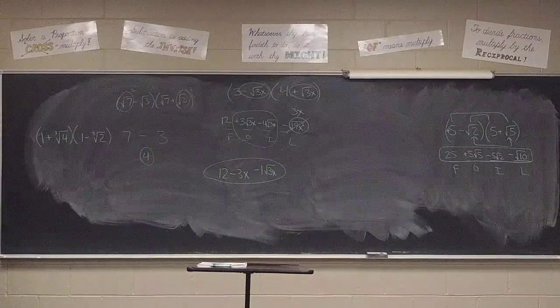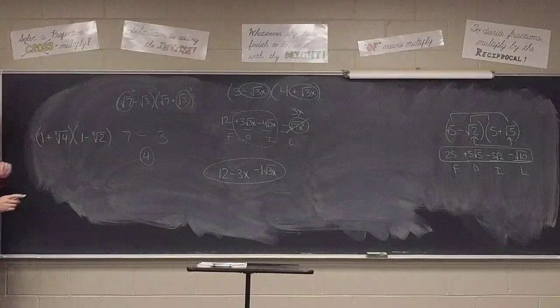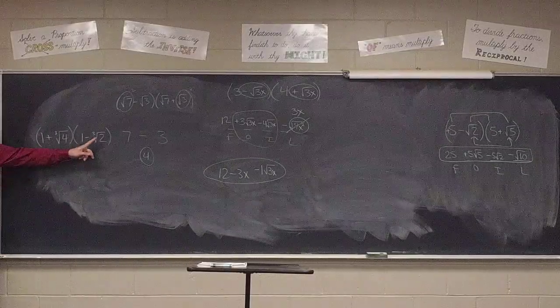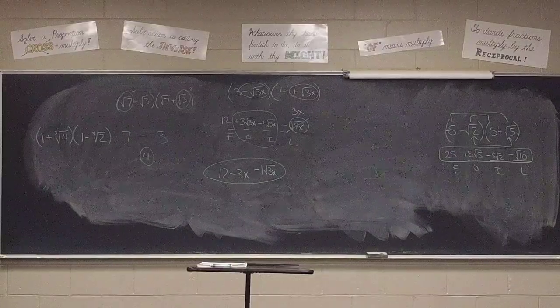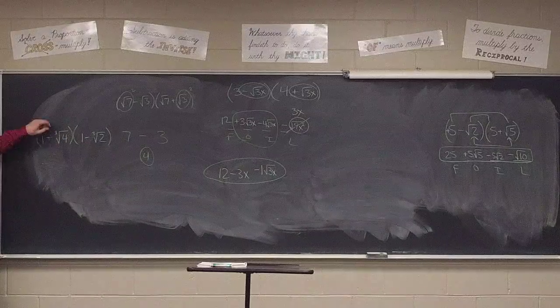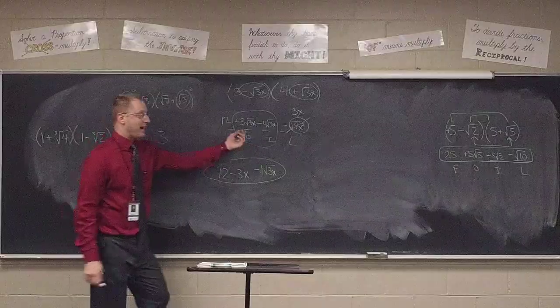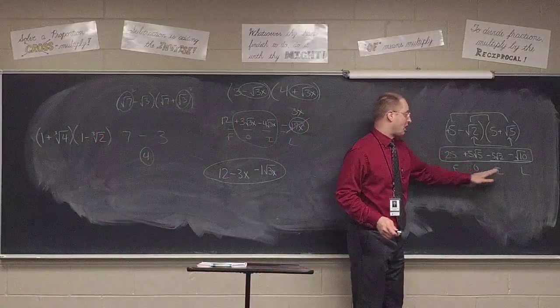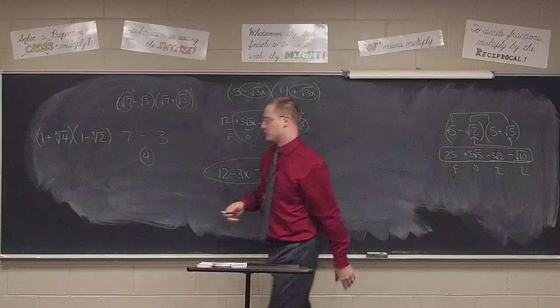Brecken, let's take a look at this one now, and let's go ahead and FOIL. Well, can we FOIL truly? Are these similar radicals? No. You can multiply these still, because I mean you do have like indexes, but it's not going to have that outer inner combining. It's going to be kind of like this one over here, where when you FOIL, you end up with pretty much all 4 spots still.